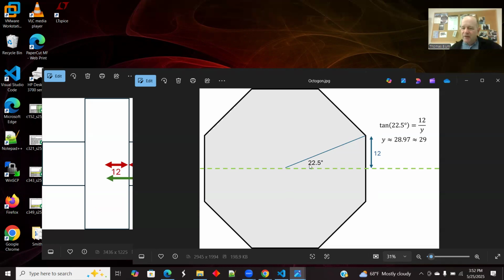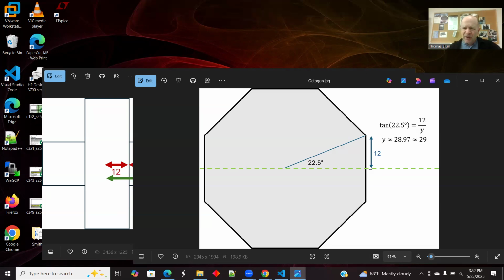That's an angle of 22.5. I decided to make the half side something nice, and I made it 12, so if I needed to divide it by 2, 3, or 4, it was fairly convenient.